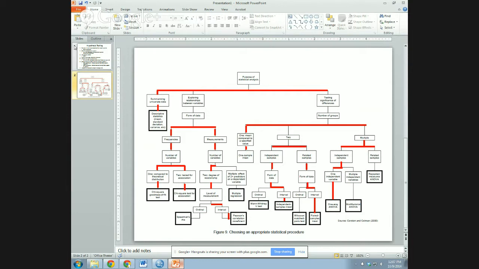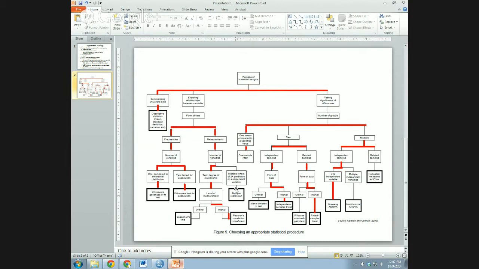Okay, so these are all of the tests that explore relationships between variables. Are the variables related or not? Are they significantly related? How strong is the relationship? And in the case of regression, what's the effect of that relationship?